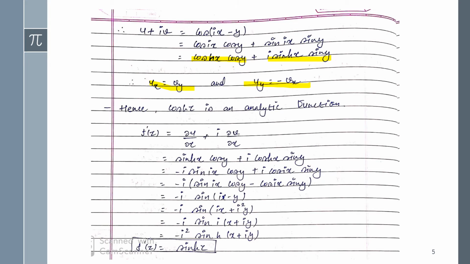At the last you have to find its first derivative also. As you know, the first derivative of f of z, f dash of z, you can directly write as the derivative of cos hz, which is sin hz.